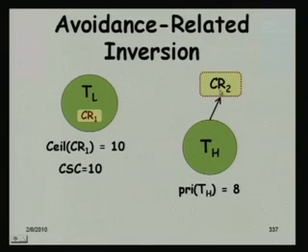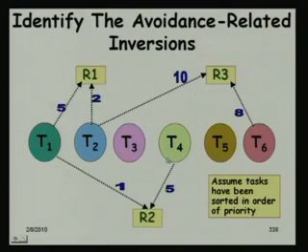Now, when it requested CR2, its priority 8 will be checked against 10. Assuming that 10 is a higher priority than 8, TH will be prevented from accessing CR2 and TH will undergo avoidance related inversion. So, what about this example?